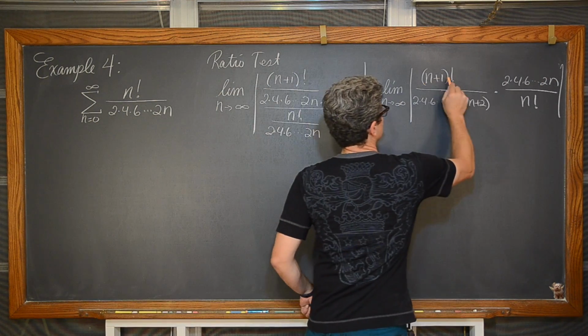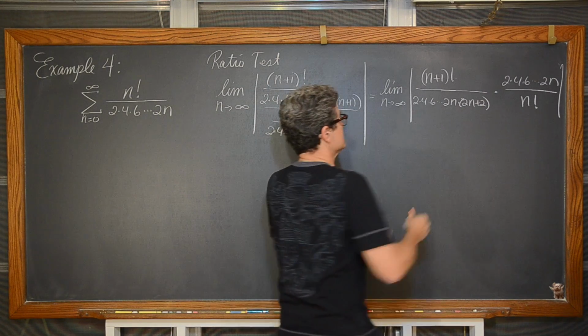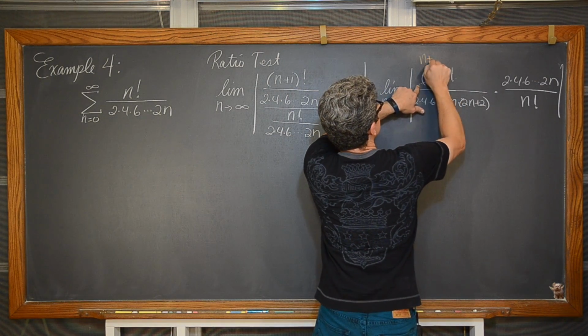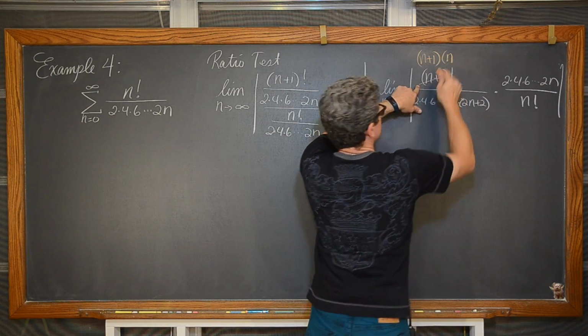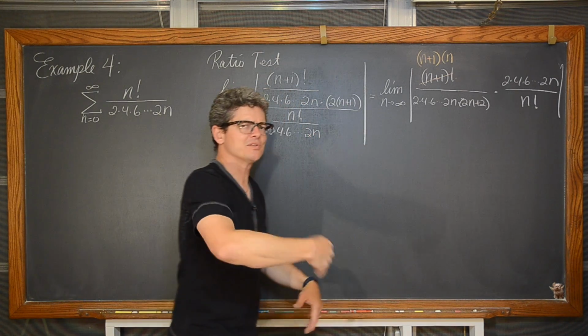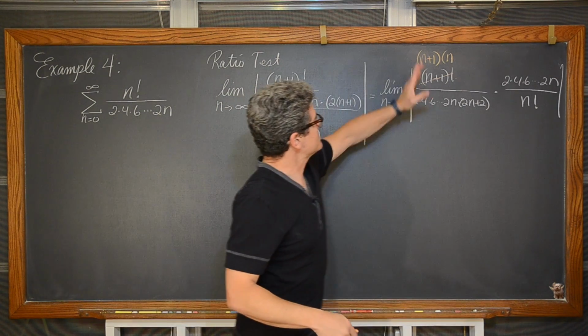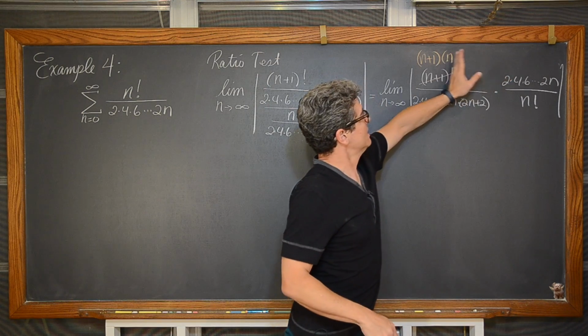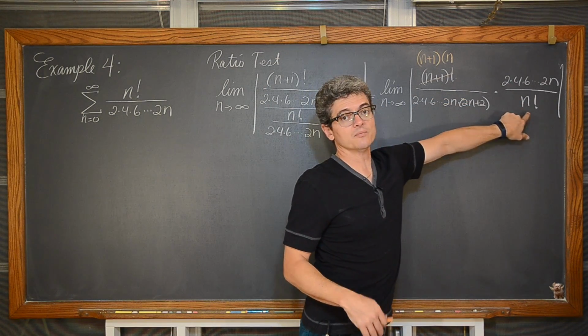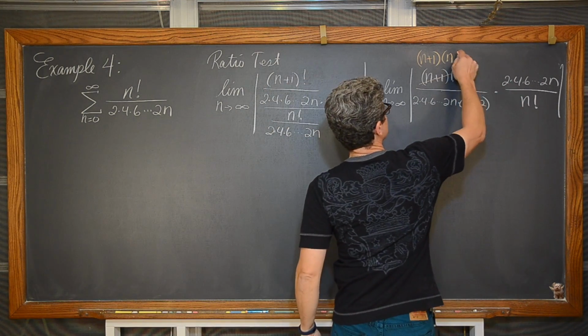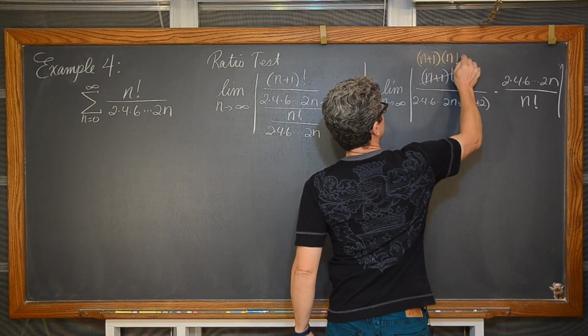We have our n plus 1 factorial, which is n plus 1 times n times n minus 1 times n minus 2, dot, dot, dot, down to 3, 2, 1. So instead of writing that expansion of really just n factorial, which I've already done in our earlier examples, I'm just going to write n plus 1 times n factorial.